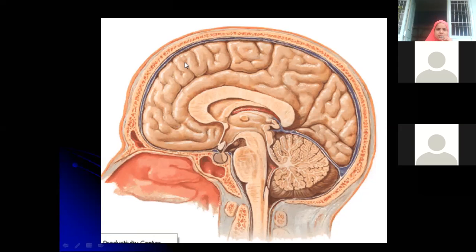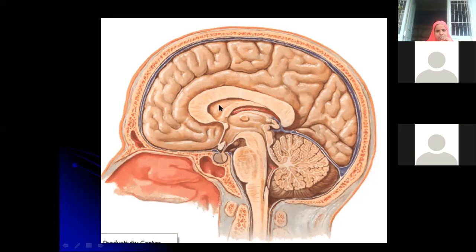We are finding this is the cerebral cortex, isn't it? Now this is the median sagittal section, and this area, what is this? Corpus callosum. Very good. Below corpus callosum, what is this? Septum pellucidum.